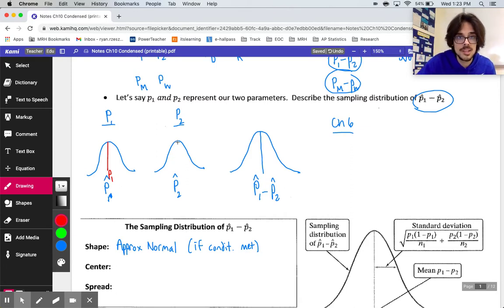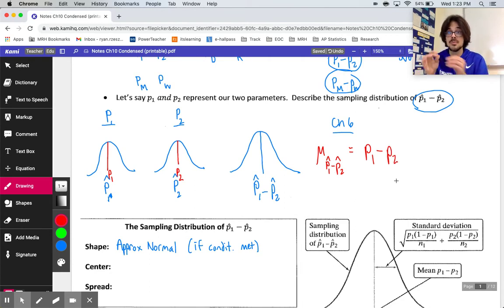And the mean for this guy is p2. So if I subtract these, the mean of p1 hat minus p2 hat, if I was going to write that with crazy symbols, is going to end up being at whatever p1 minus p2 equals. First mean minus second mean. Okay? Nothing too crazy right there. If I'm trying to compare p1 hat minus p2 hat, I subtract their means.